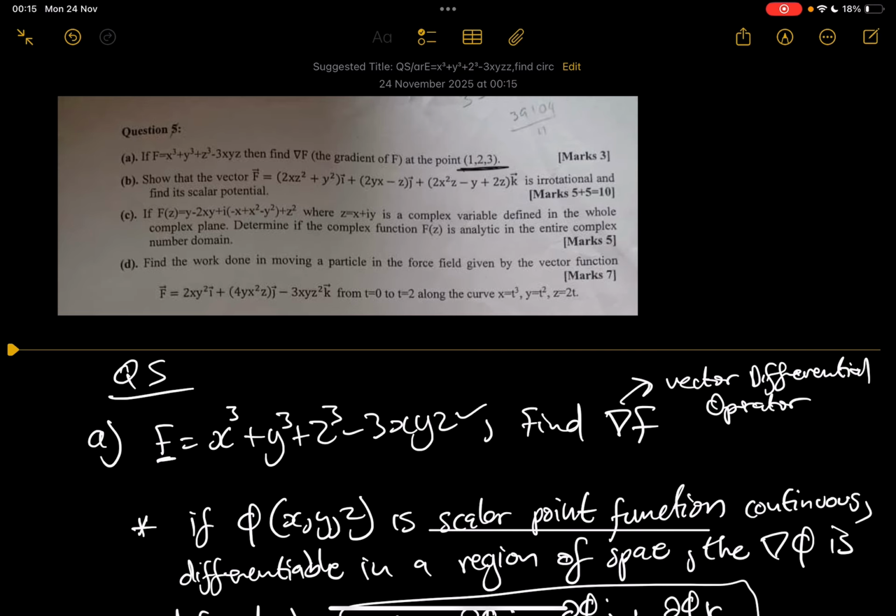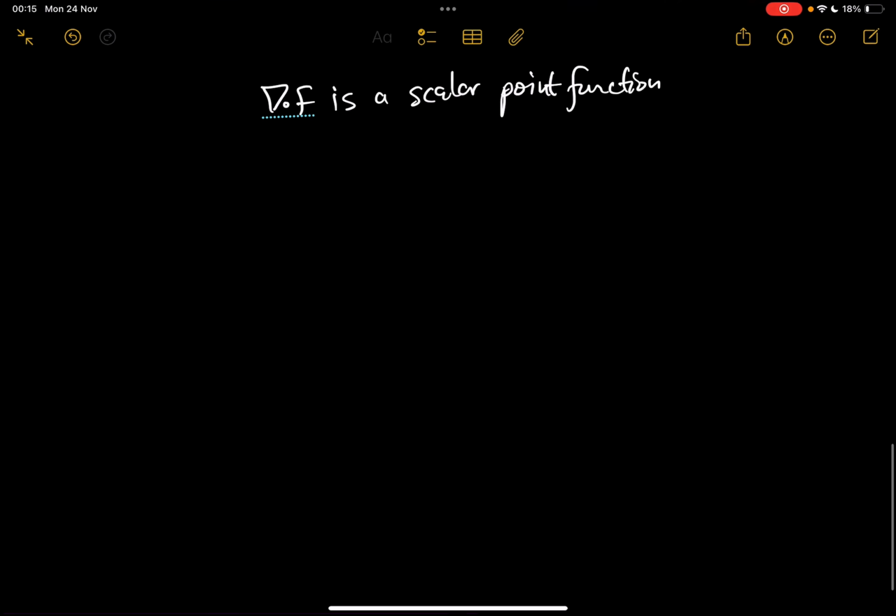Now I want to introduce the concept that you're going to use to solve question B, to show that this function is irrotational. So we need to look at the curl of a function.